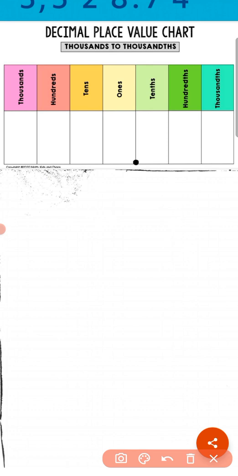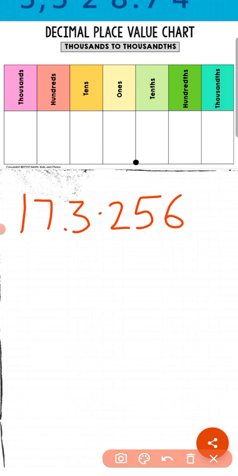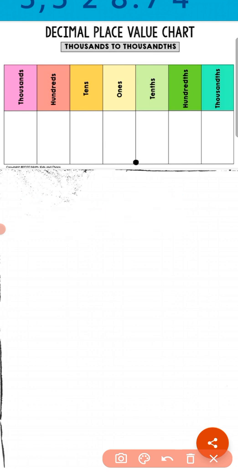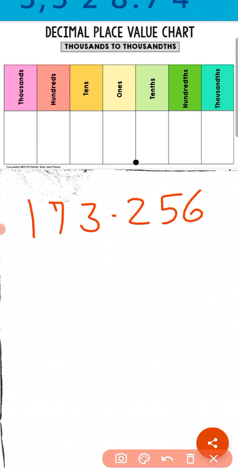Our next number is 173.256. First check the places.